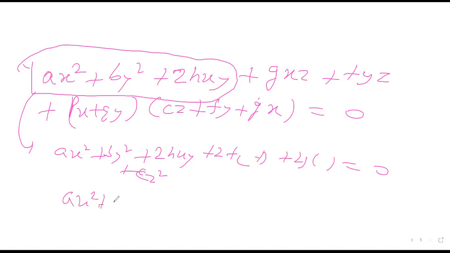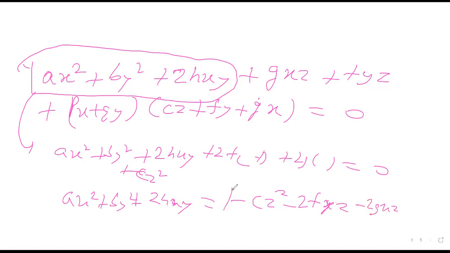So ax square plus by square plus 2hxy can be written as minus cz square minus 2fyz minus 2gxz.